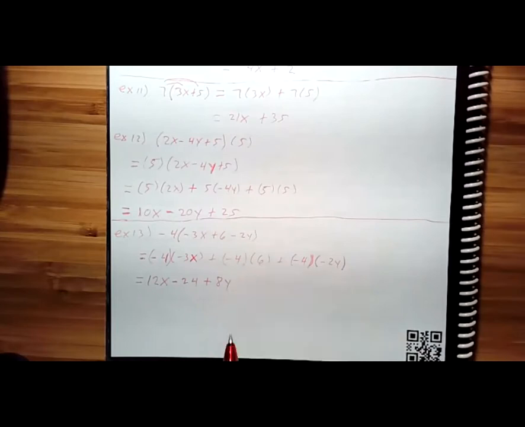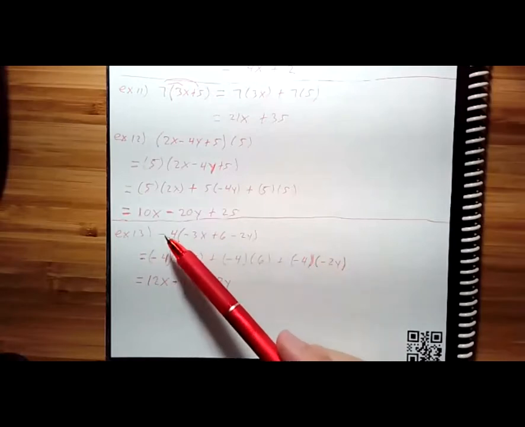So just be very careful. As soon as you see a distribution problem with a minus, I recommend for sure doing it this way so you can be careful. Okay. Are there any questions on distributing negative numbers?